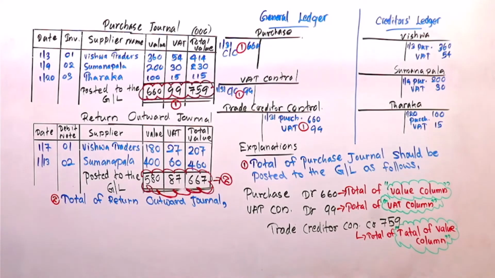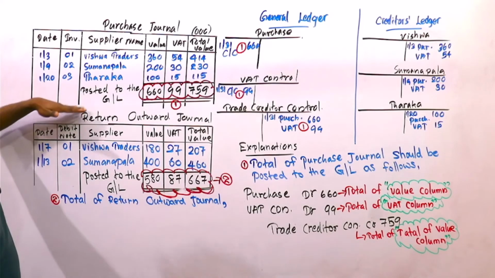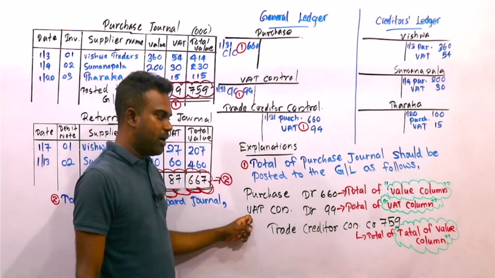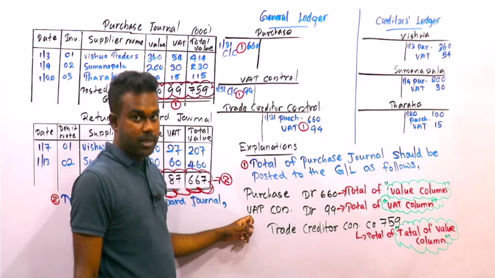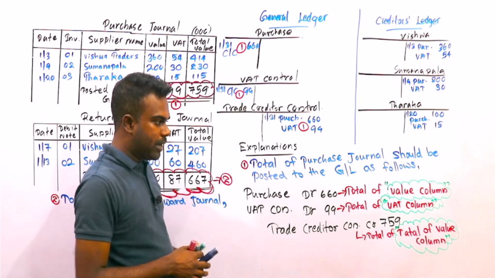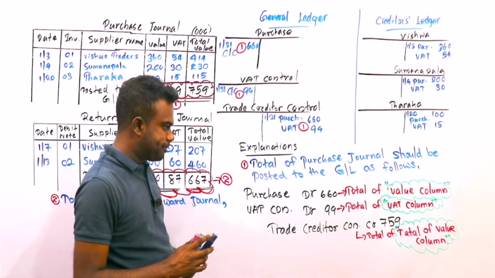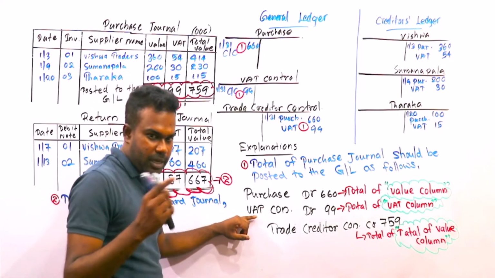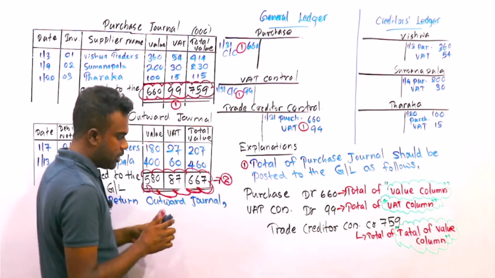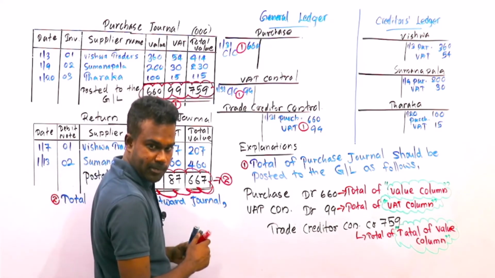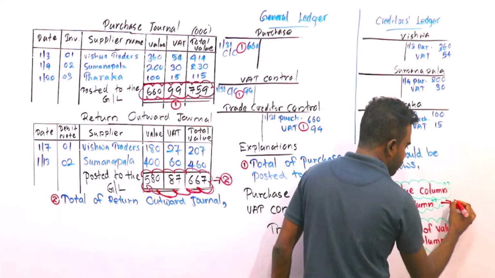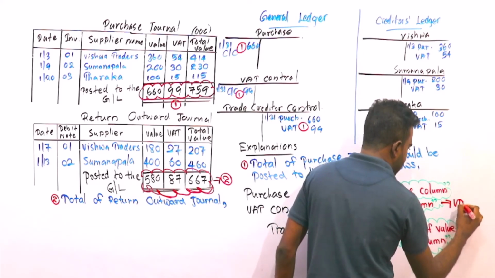Right. So when purchasing, we debited to purchase account. So VAT control, why we debited? Because of asset, right? Can you write down in front of the VAT control account? I will write down here because of VAT asset.